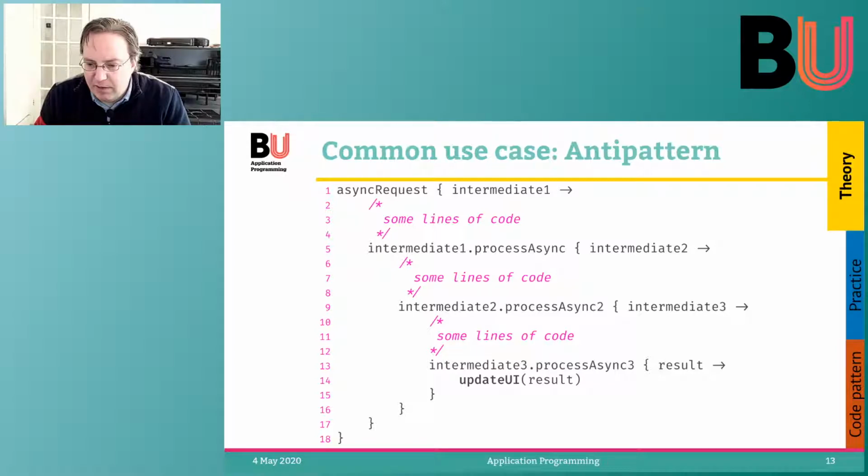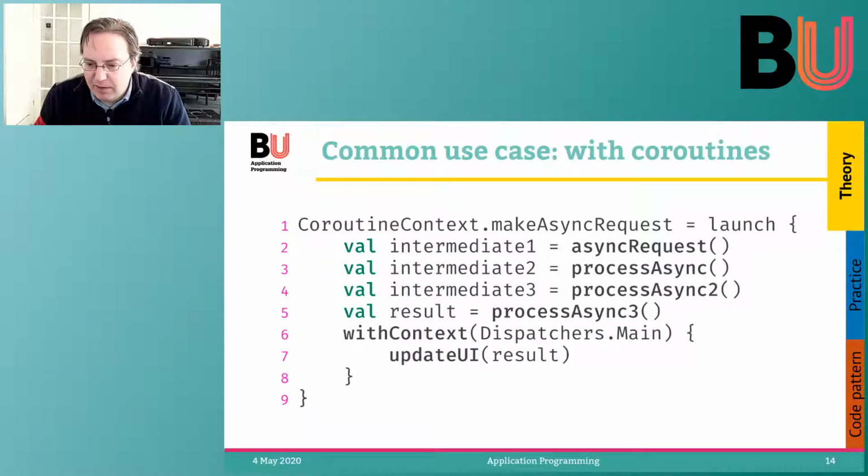Whereas if you use the coroutines version, you get this. So you launch a coroutine, and then you just have the intermediate. I forgot to put the previous intermediate as a parameter to these things, so that's a little error here. I might update the slides for the recorded video.